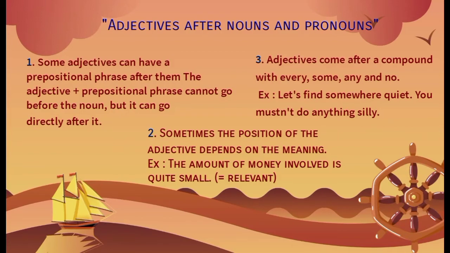1. Some adjectives can have a prepositional phrase after them. The adjective plus prepositional phrase cannot go before the noun, but it can go directly after it. 2. Sometimes the position of the adjective depends on the meaning.